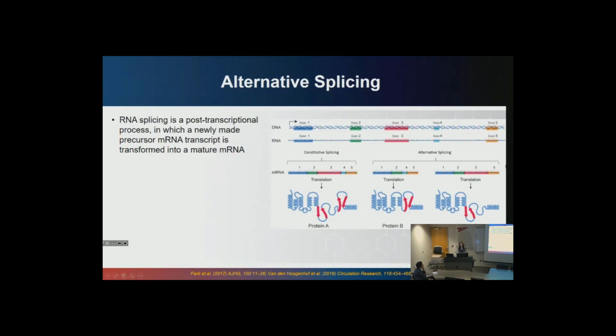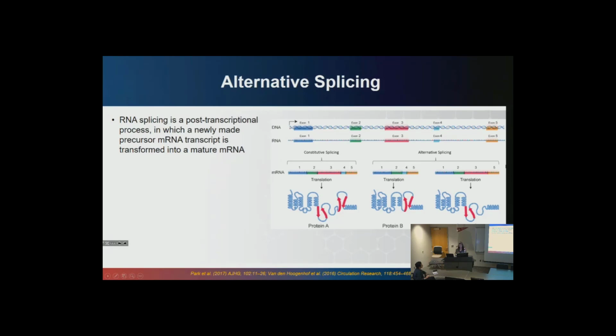RNA-seq data provides more information than just transcript abundance and allows, for example, detection of alternative splicing patterns. I would like to remind what RNA splicing is. It is a post-transcriptional process in which a newly made precursor messenger RNA transcript is transformed into mature messenger RNA.